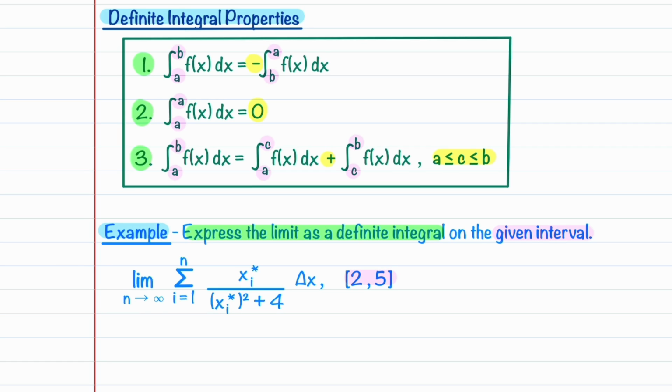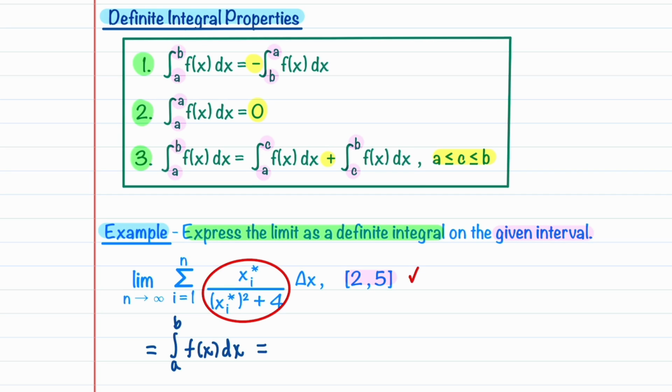The limit of this Riemann sum is equal to the integral from a to b of f of x dx. This function here is f of x sub i star, so to find f of x, we just get rid of the i and the star.